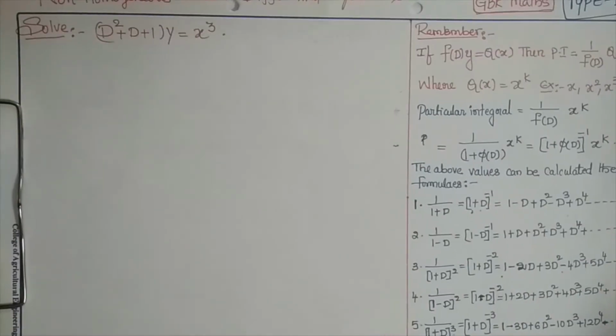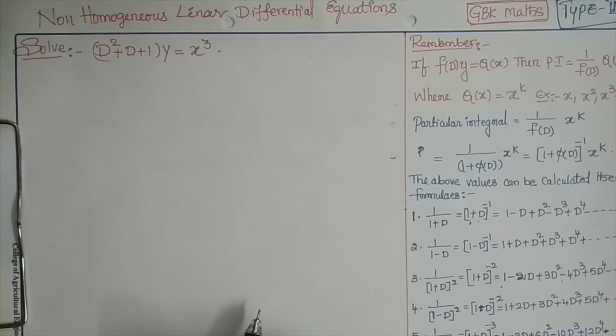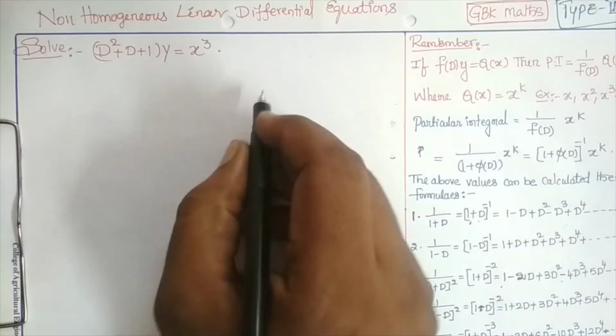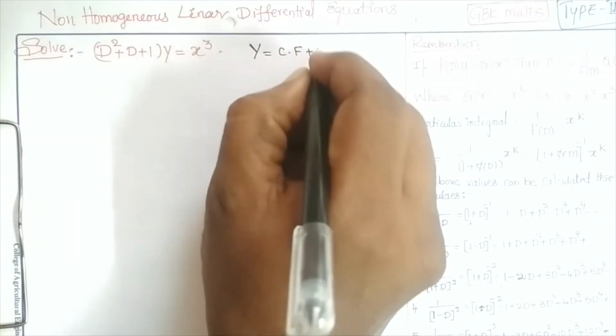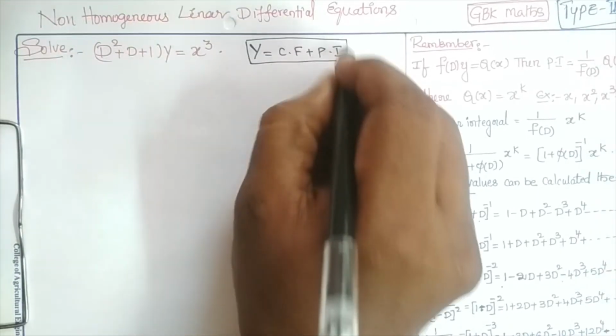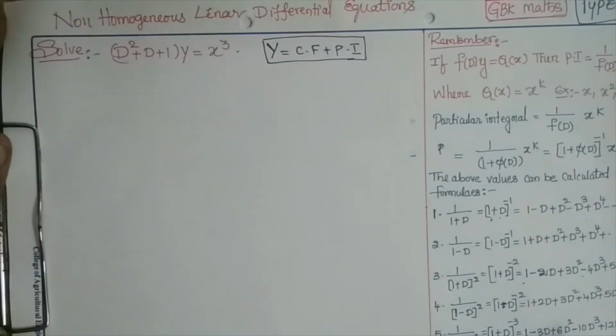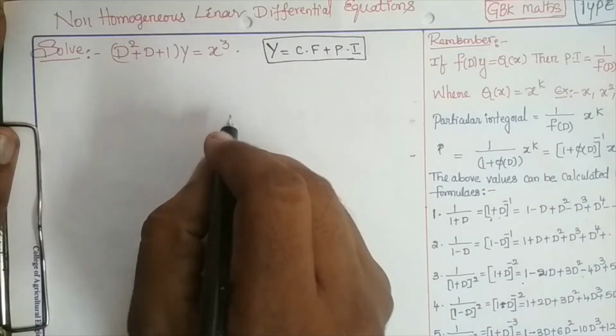Now we are going to see one problem. Solve D square plus D plus 1 into y is equal to x cube. So the general solution is CF plus PI. First we would like to find the complementary function.